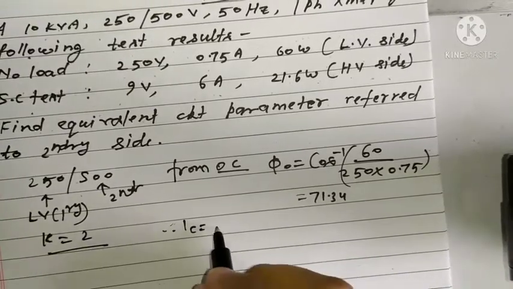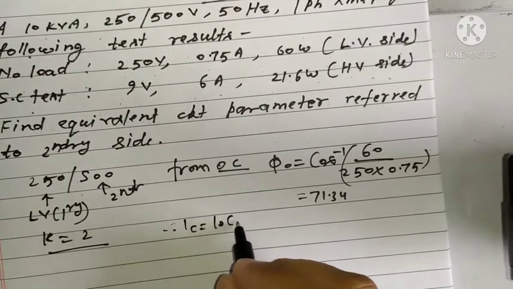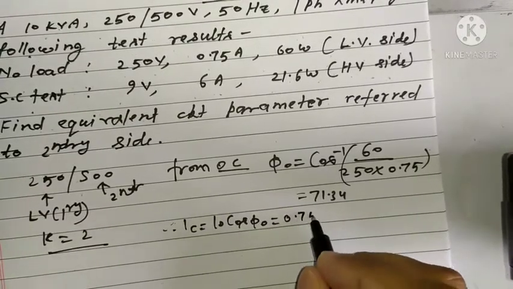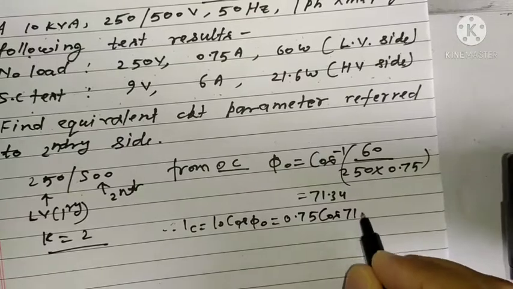IC will be I naught cos phi naught. So I naught is 0.75, cos of 71.34.